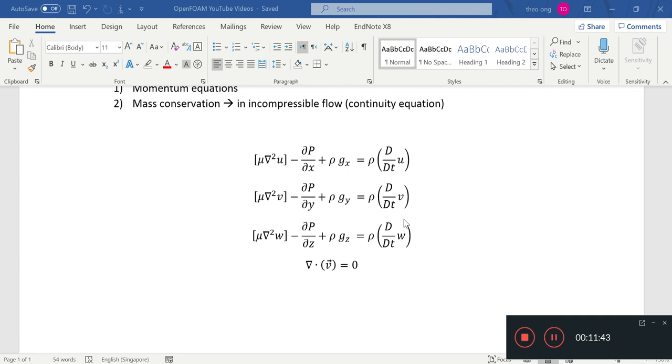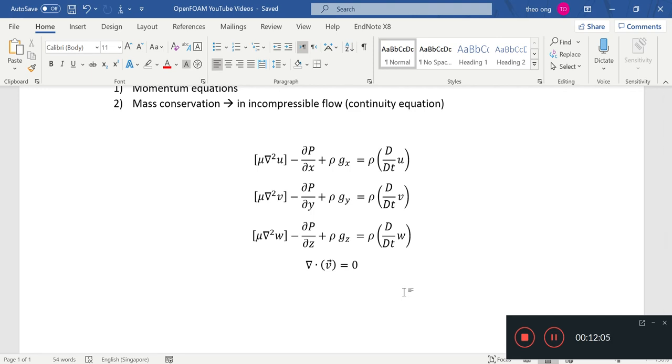Basically, we have momentum equations we need to solve, and they have to satisfy this continuity equation. So what is the method usually used?